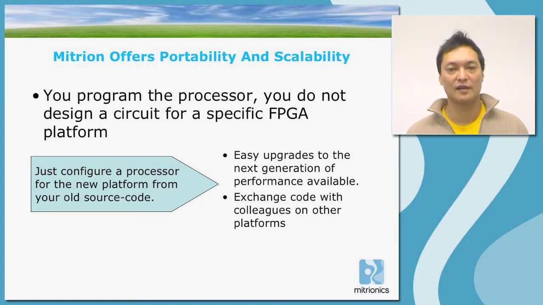That means that when a new FPGA comes out, in a new generation, you just configure a processor for the new platform from your old source code. This means that there will be easy upgrades for the next generation of performance, and also, very importantly, it will enable you to exchange code with colleagues on other FPGA platforms. All they need is a Mitrion processor for their FPGA, and they will be able to execute your program.